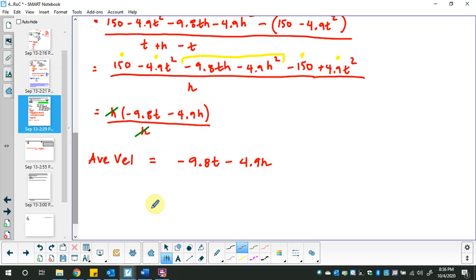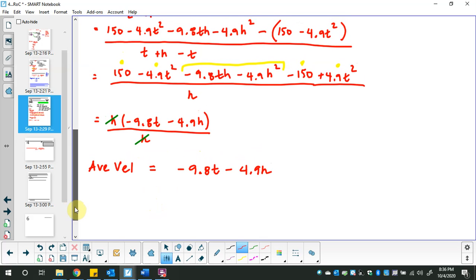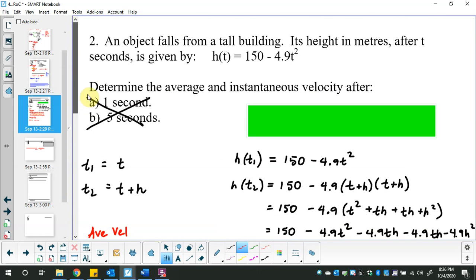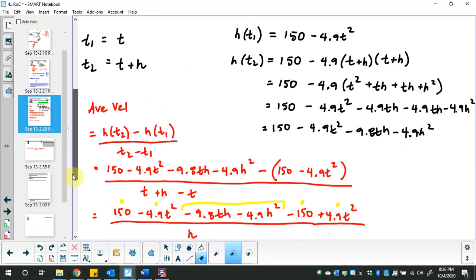which is that. But I'm not asked for average velocity, generally speaking. I am asked for average velocity and instantaneous velocity at the 1 second mark and at the 5 second mark. So I'm going to split my page.